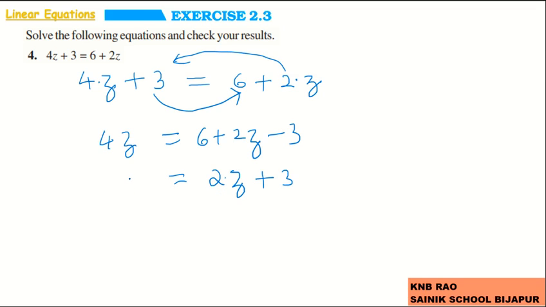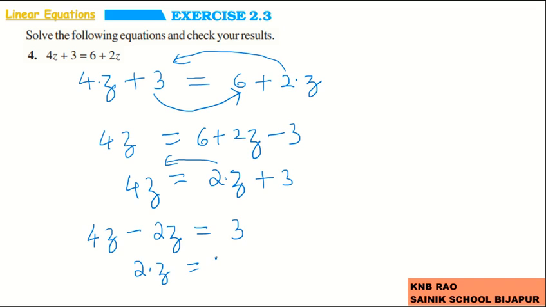Now, I will transpose this variable term 2z to the left hand side. Since it is an addend, if it comes to the left hand side, it becomes subtrahend. So, 4z minus 2z equals 3, and 4z minus 2z is 2 times z.